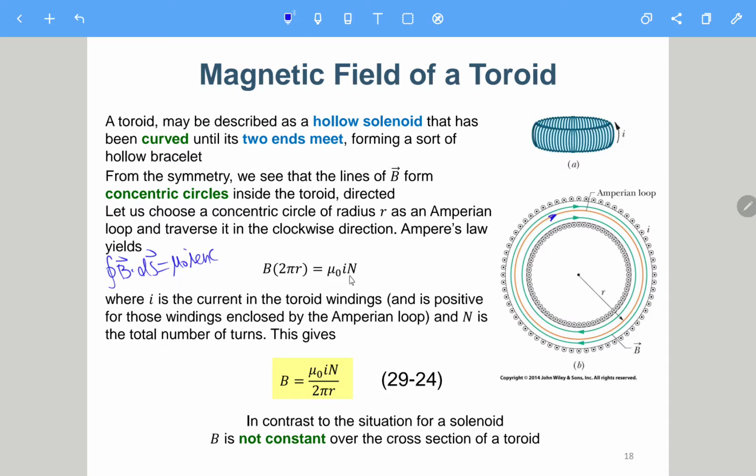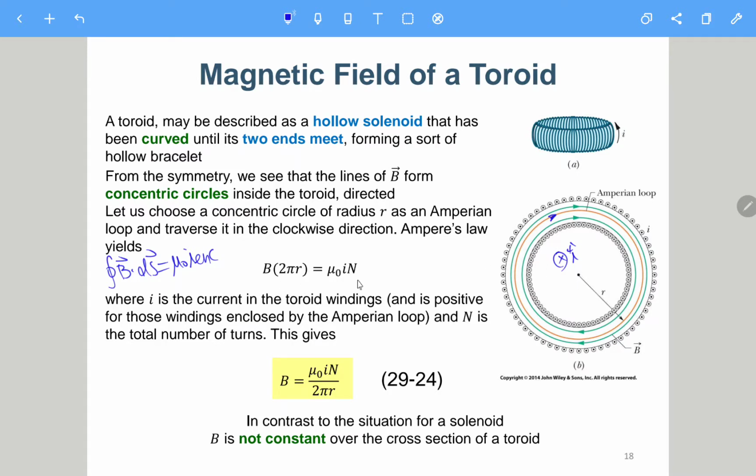So this N is capital. And then when we consider the sign, here we have the Ampere's loop to be clockwise. So using the right hand rule, we know that the positive direction is going into the page. So here all the currents are going into the page, so this is positive.